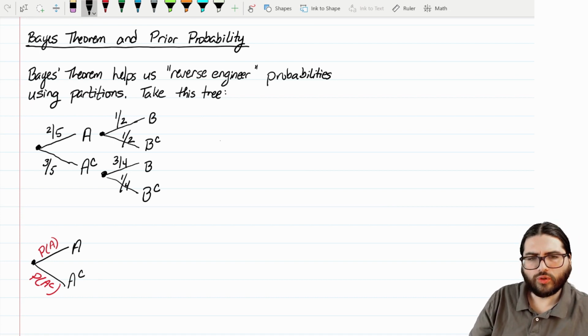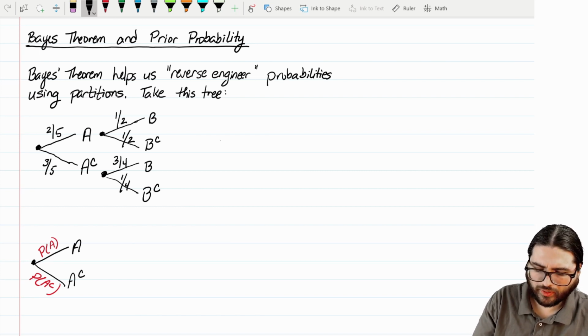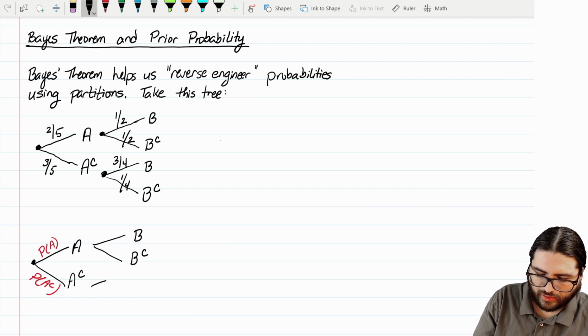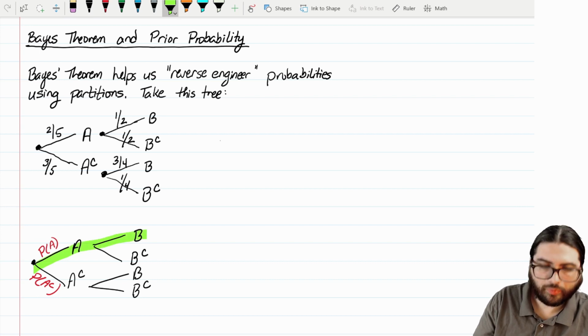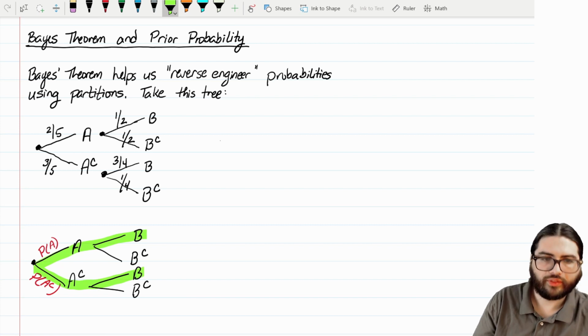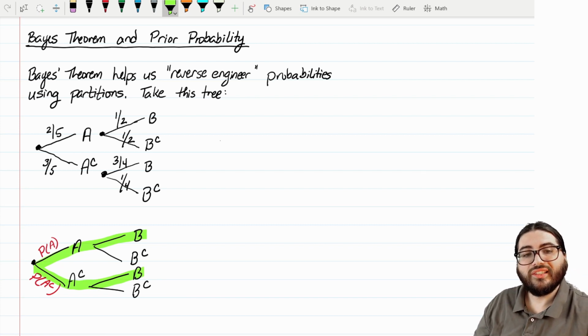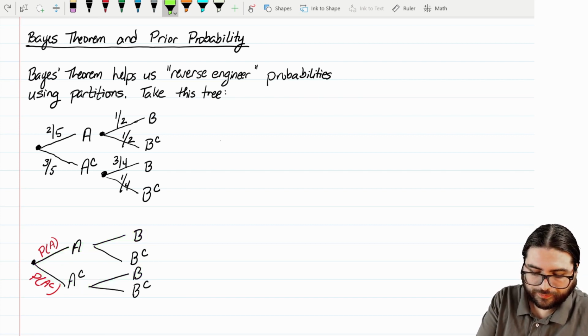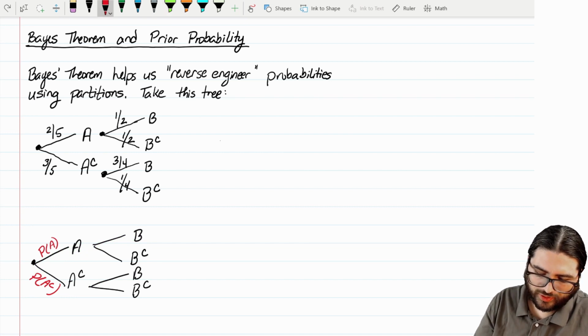If I wanted to know the probability of B, then things start to get a little more complicated, because I can arrive at B in 2 different ways. Do you see how I could arrive at B through this path, the upper path, or I could arrive at B through the lower path? And I'll actually need to take both of those into consideration. Let's see what the table tells me.